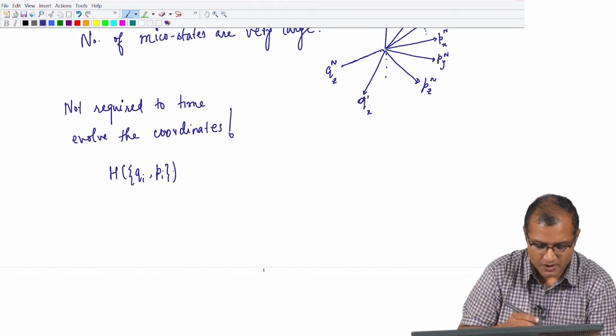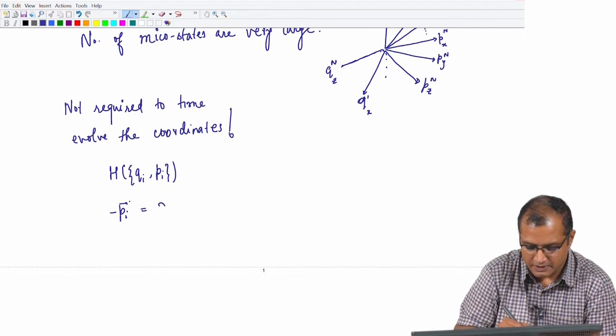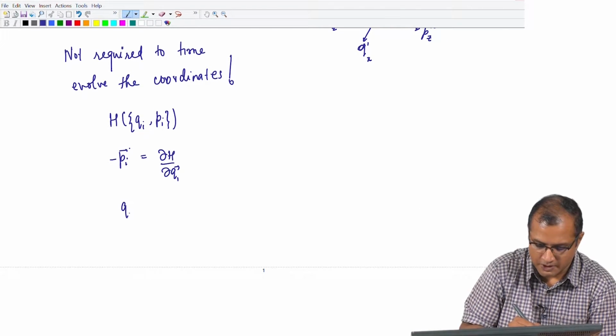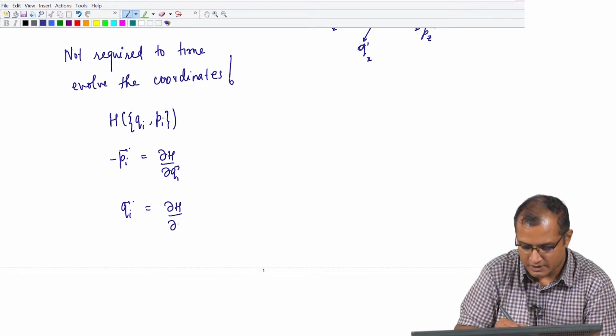So, the equations of motion that you start with are basically minus p_i dot as del H over del q_i and q_i dot as del H over del p_i.